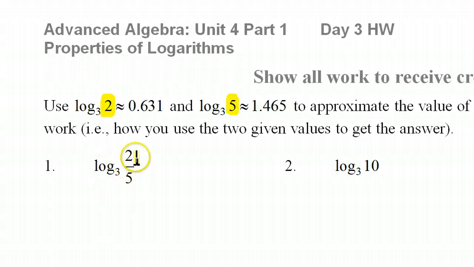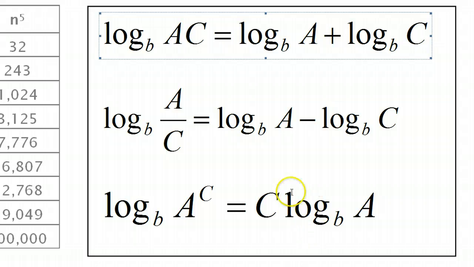So when we look at problem number 1 and we see the 2 and the 5, that's just what we want. So looking at problem number 1, we see the log of 2 divided by 5. So remembering the properties, the log of a over c is the same thing as log of a minus the log of c.